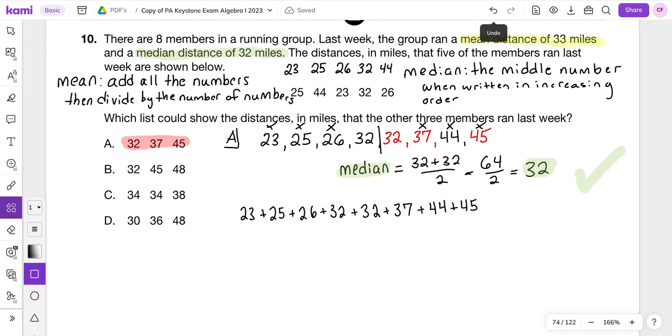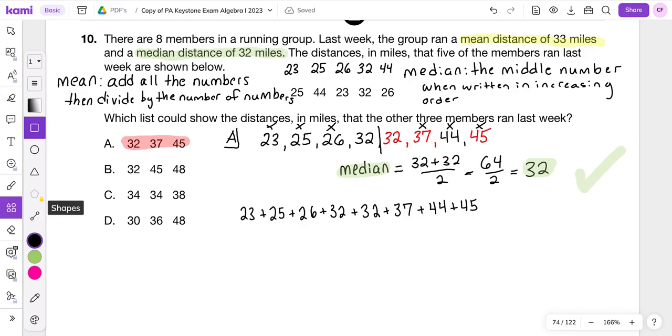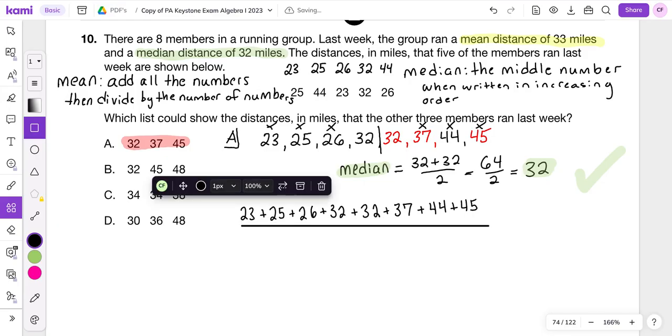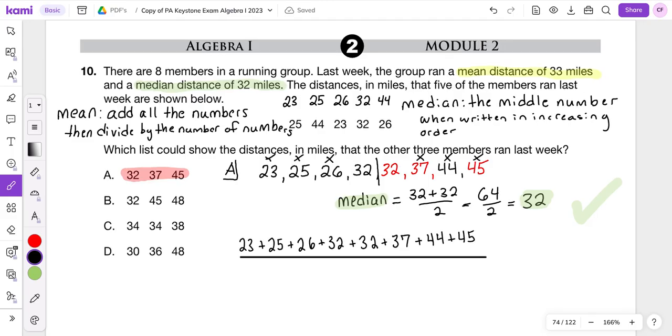And remember, I now have to divide this by the number of numbers. There were a total of 8 values there. Again, that comes from the original problem up here where it says 8 members. And again, this is the mean.